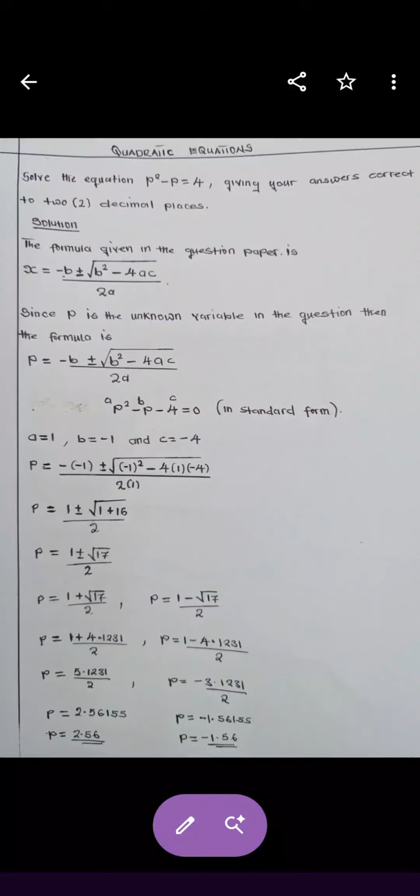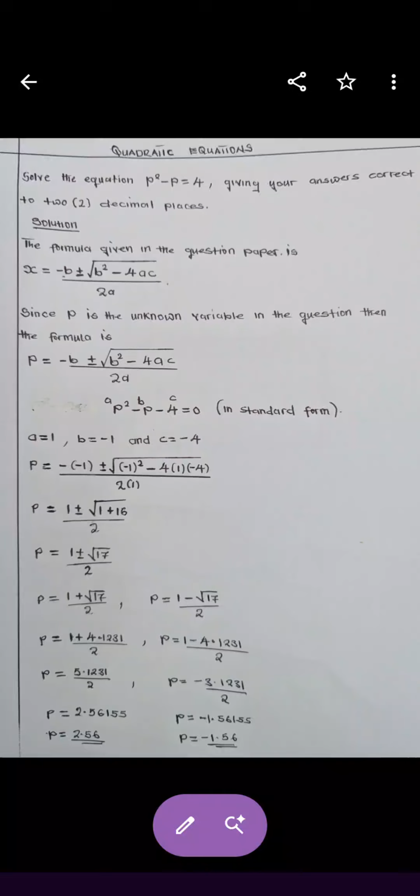So our a is 1. Then b is negative 1, and c is equal to negative 4. As you identify the values of a, b, and c, never forget their signs.